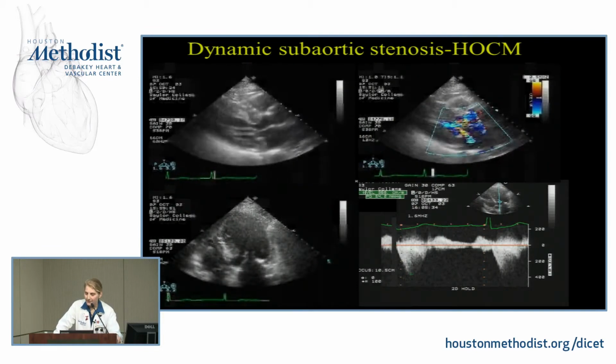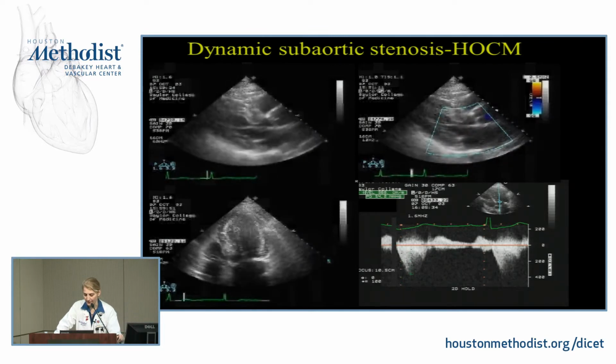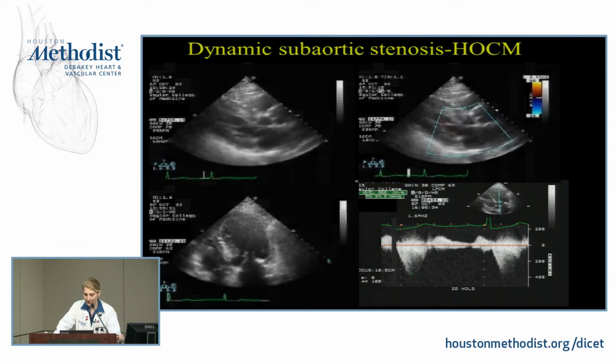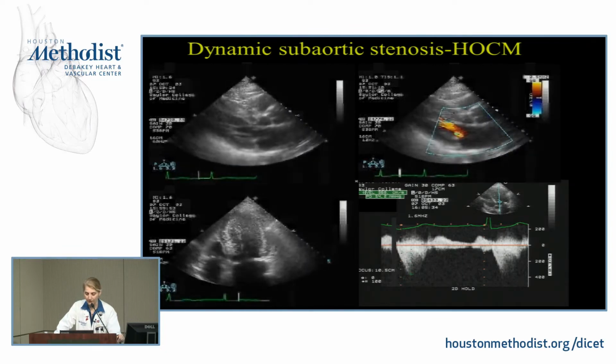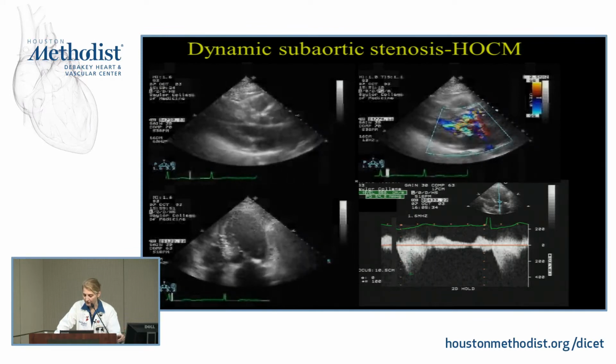So compare that to the other form of subaortic stenosis, and this is dynamic subaortic stenosis, or hypertrophic obstructive cardiomyopathy. Looks very, very different. Here you're seeing the severe asymmetric LV hypertrophy. You're seeing that systolic anterior motion of that mitral leaflet, which is causing some of that obstruction along with that hypertrophy.